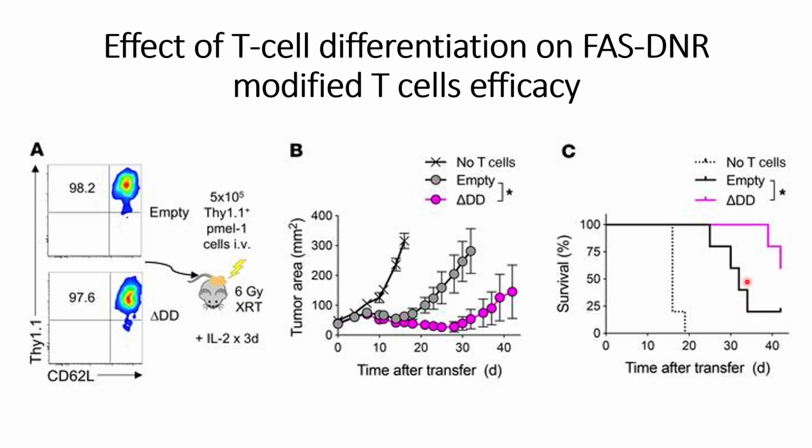But when they check the survival rate of the mice injected with the modified T cells, where the intracellular part of the FAS signaling has been truncated, they see a maximum survival rate.